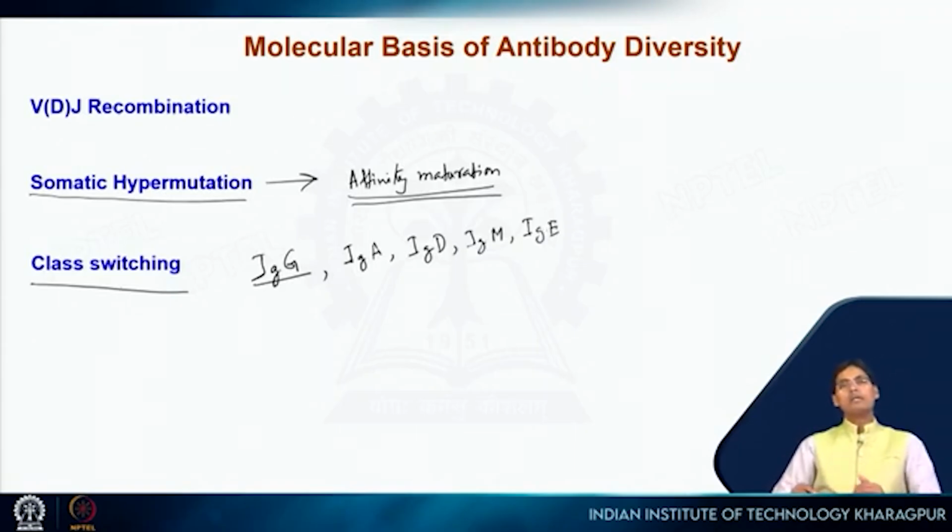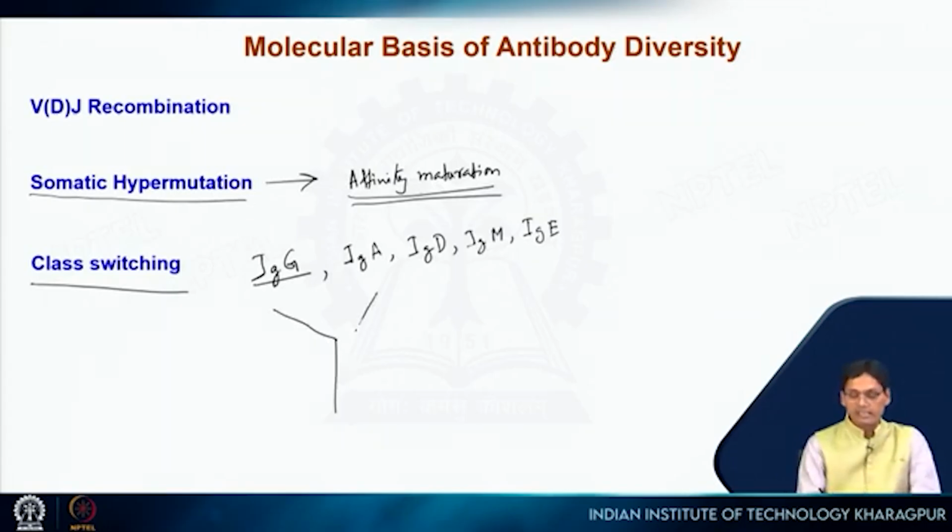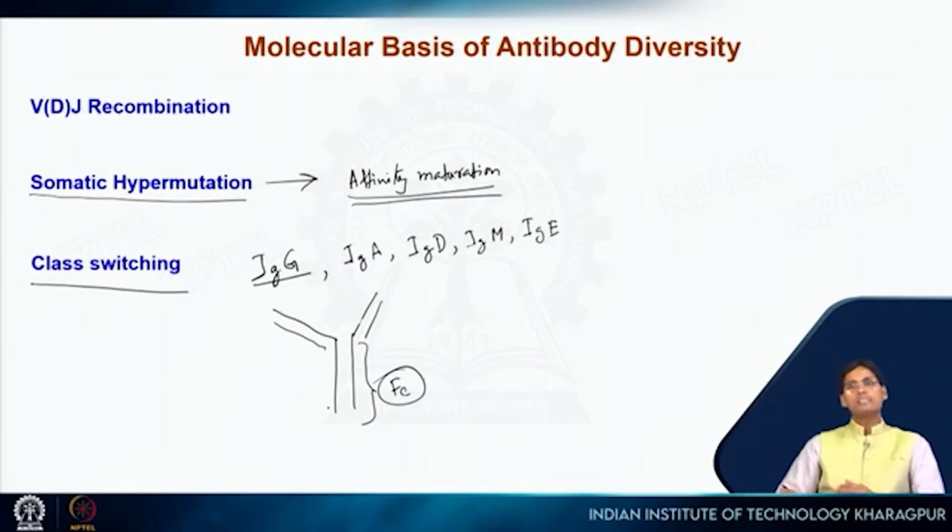Now, if you see the antibody structure, something like this, this is the heavy chain and this is the light chain. And I mentioned this is the Fc region. This Fc region can also be switched between different classes of antibody. That means the antigen binding site remains the same, but the Fc region can be changed.